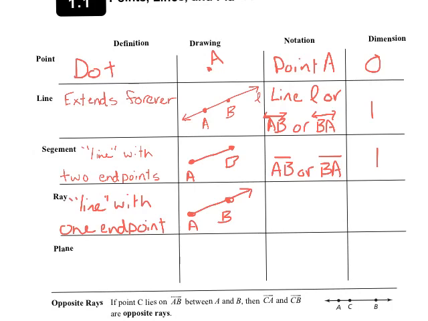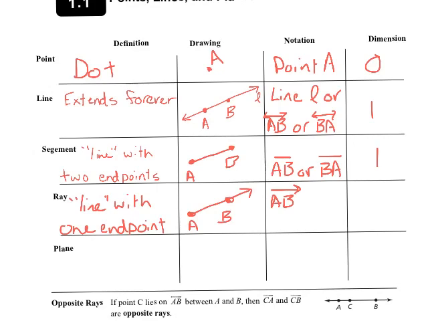The notation for this has to be a little bit more specific. With lines and segments, they either went on in both directions forever or they ended on both ends. With a ray, we have to be a little more specific. So when we name this ray, we're going to call it AB with the ray on top. You have to make sure when you're putting your ray notation above AB, the endpoint is where the endpoint should be, and the go-on-forever end is where the arrow should be.